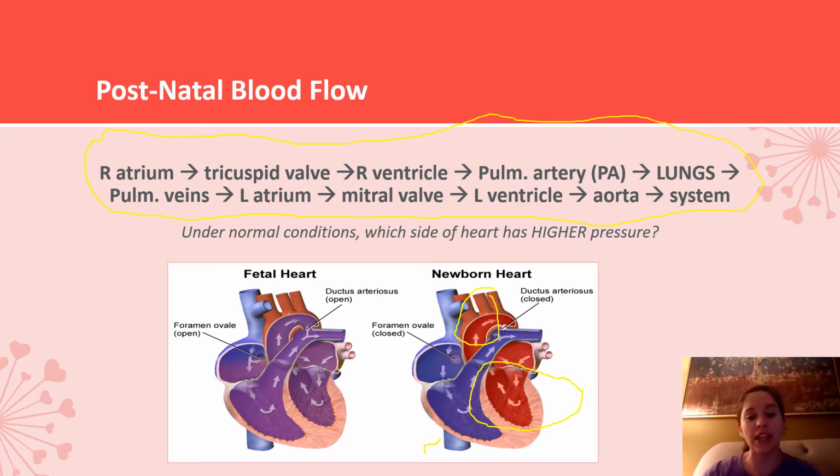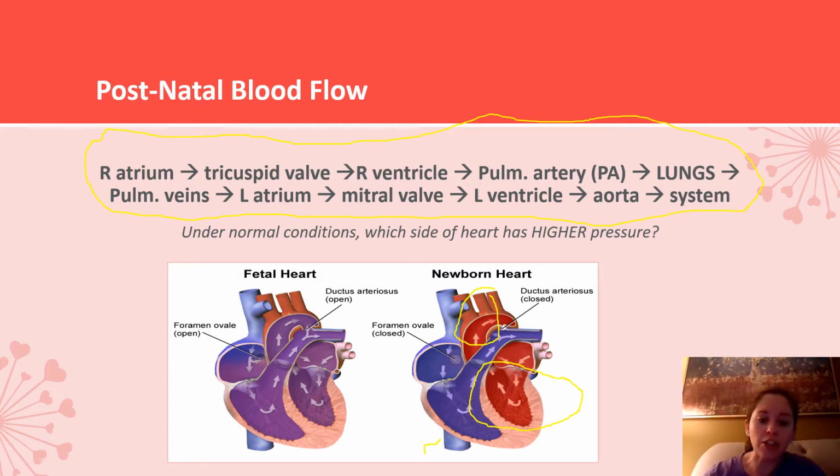Its job is to push blood all the way through the body, down to the bottom of the toes, all the way to the tippy top of our head, and all of that is coming from the left ventricle. The left ventricle has to use a lot of muscle and force to push the blood up into the aorta, and the aorta has to work to push it to the rest of the body. So the aorta is the highest pressure vessel, and the left ventricle is the highest pressure chamber.